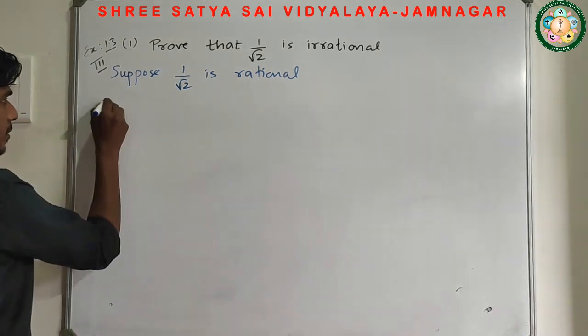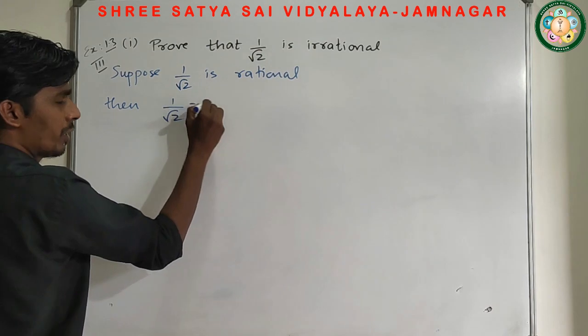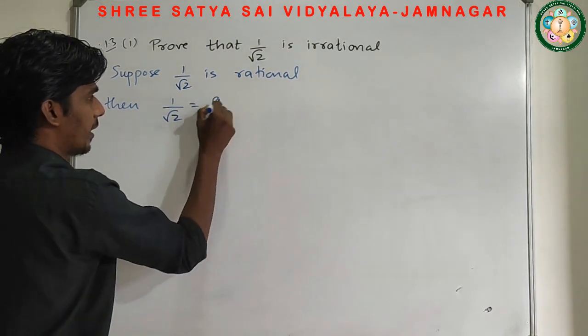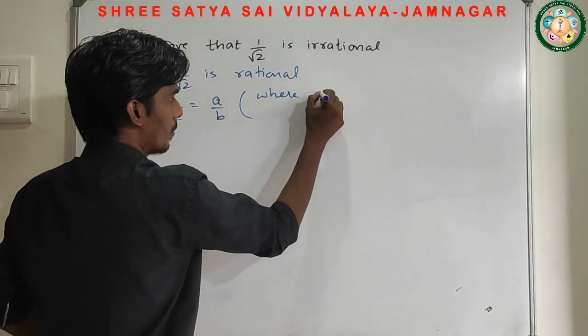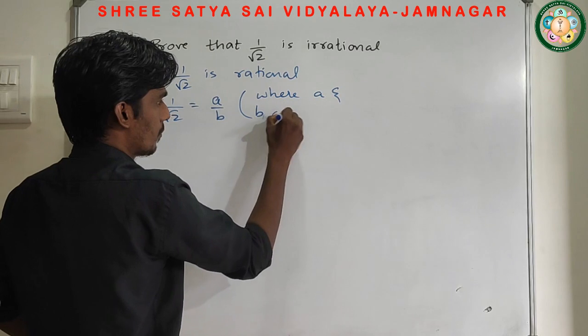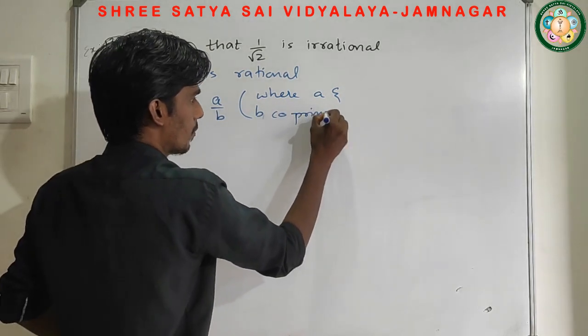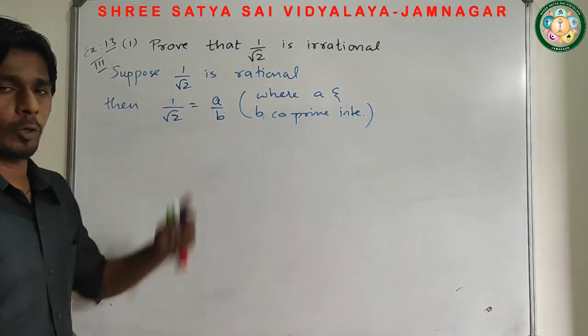Then if it is rational, then we can write 1 upon root 2 in p by q form, that is a by b, where a and b are co-prime integers.